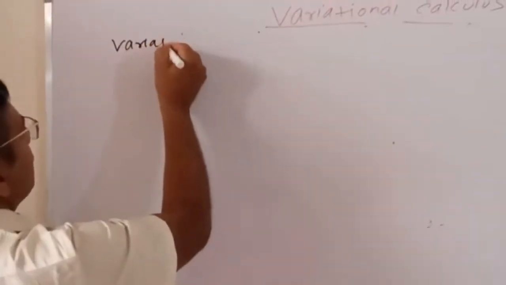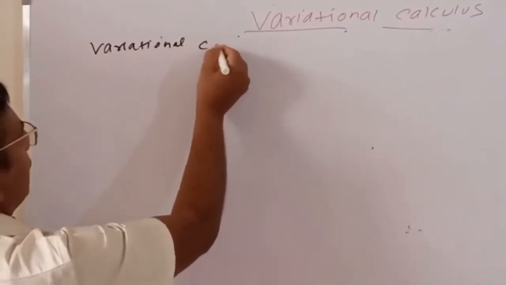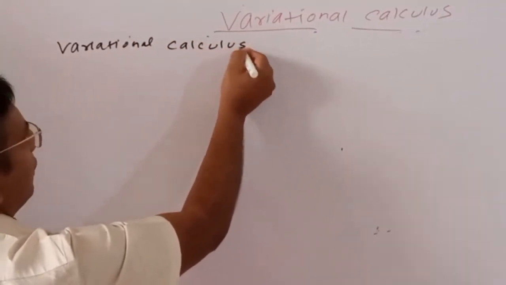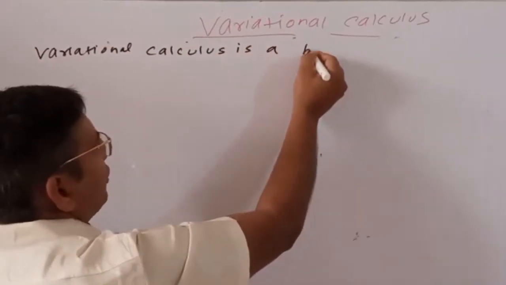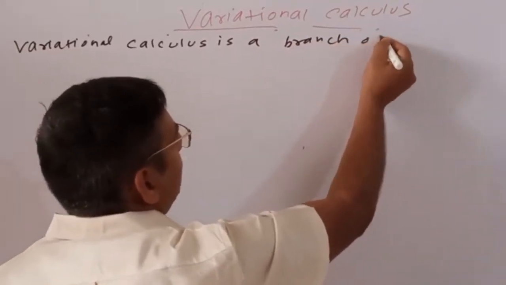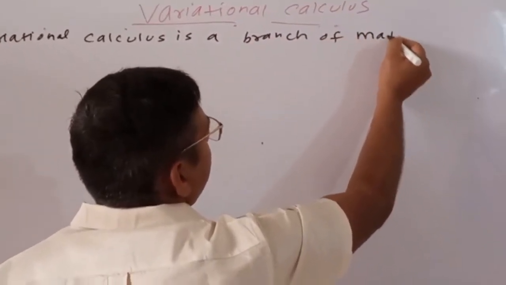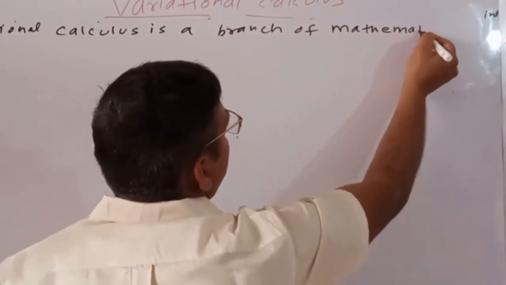Variational calculus is a branch of mathematics, right?